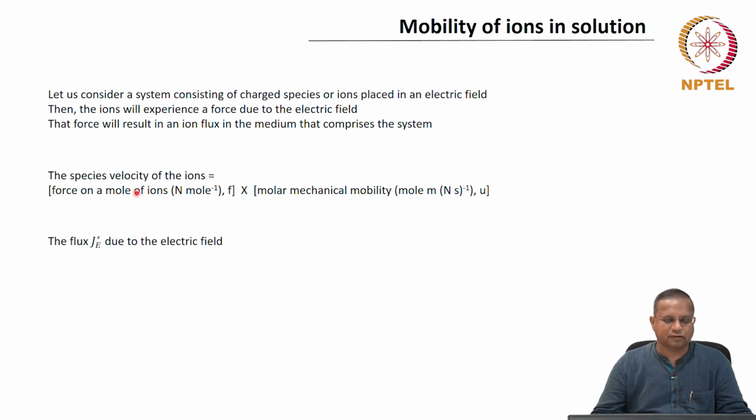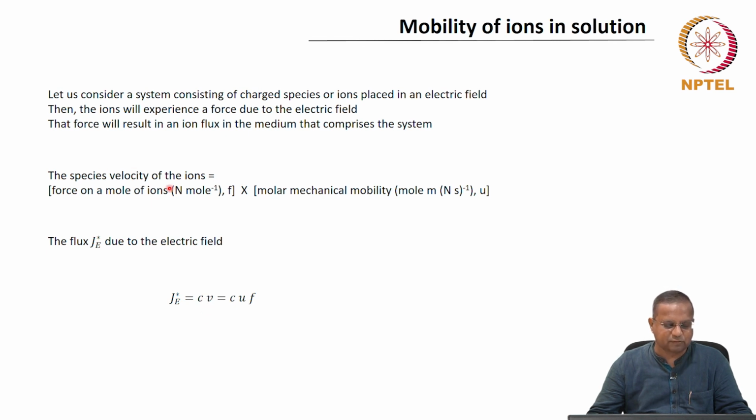The molar flux due to the electric field, which we are going to represent as Je star, in one direction, we don't worry about the vector, but it is actually a vectorial quantity. So the flux due to the electric field, Je star, is nothing but the product of concentration and velocity. We have already seen this.